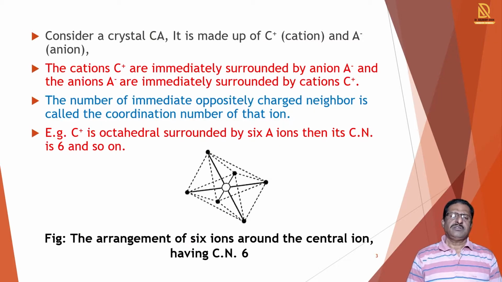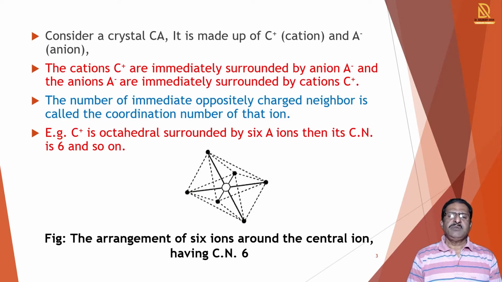We consider the general example, crystal CA. In that, C means the cation, which carries a positive charge, and A means the anion, which carries a negative charge.